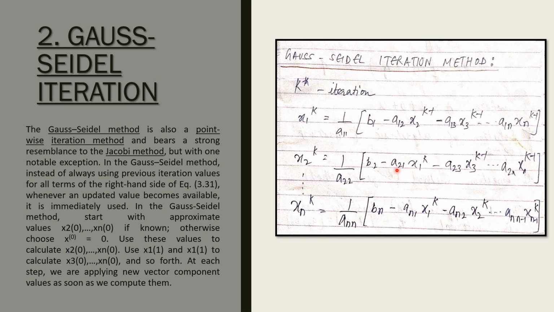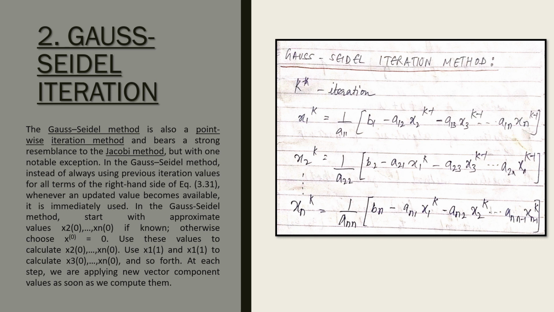Now see, b2 minus a21 x1 to the power k: we are taking the value of this to calculate this, and the rest is not yet calculated, so we take help from the previous one. In x1 to the power k, everything is calculated beforehand, so we can just use x1 to the power k, x2 to the power k, and so on up to xn minus 1 to the power k, and you'll get your respective iterations as per your requirement.